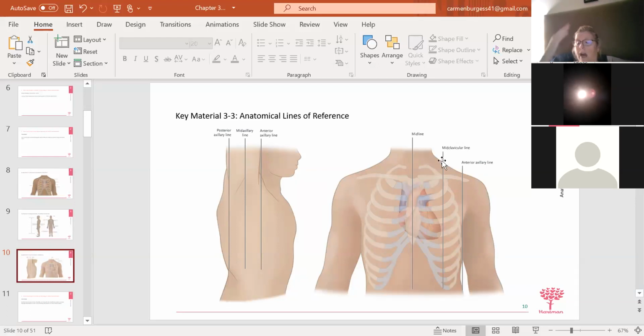It gives you a line straight down the middle of your clavicle. If you have a patient and need to find the mid-clavicular, fifth intercostal space, you should be able to run your line straight down and find that space, and you'll know exactly where to put it.